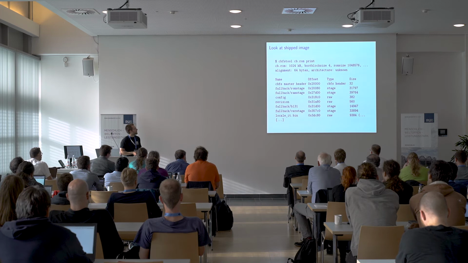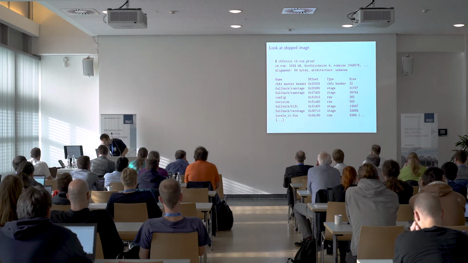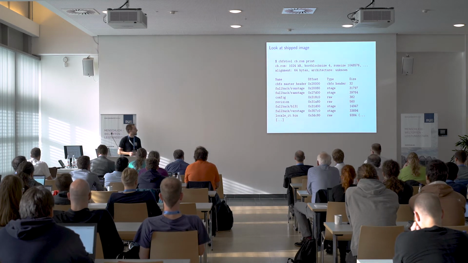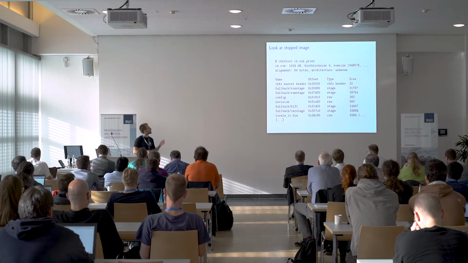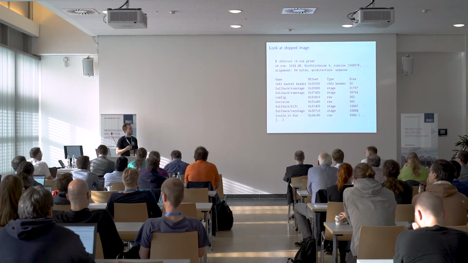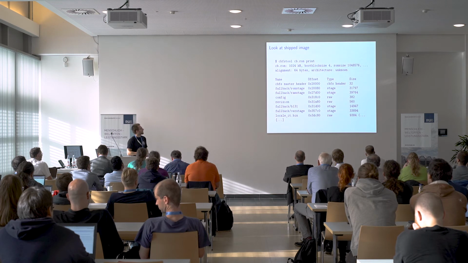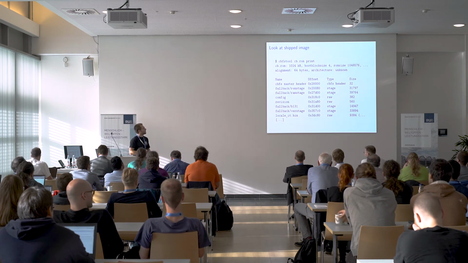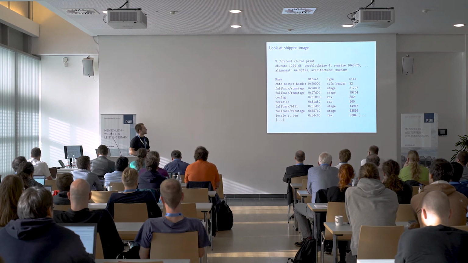Okay, now a quick look at the firmware image. You can just read the ROM with flashrom if you're in developer mode, and then you can use cbfstool to look at the ROM.